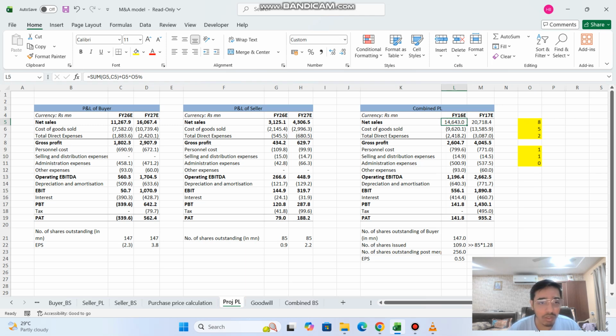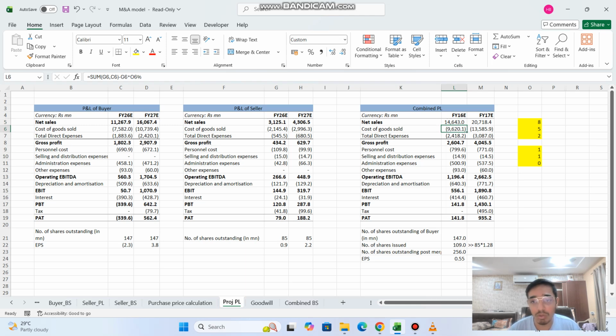So all these are estimates for the next 2 years. If you're acquiring another company, you believe that there will be some sort of synergy created, and the combined sales of the new entity will be more than the summation of the individual sales of both the entities. So that's your motivation of buying another entity, right? There has to be some sort of synergy created, otherwise why would you go ahead and pay a premium?